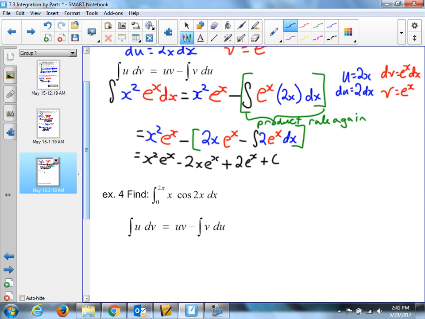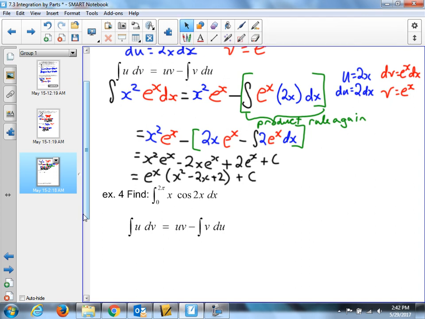E to the x, right? Now, if I say simplify, that means factor, whatever, e to the x, but there's no common x term. The 2 is not common. E to the x bracket, x squared minus 2x plus 2, plus c for the whole thing. That might be how it's given in an answer key at the back of the book. And that can't be factored. Okay. No dice. So we'll leave it at that.